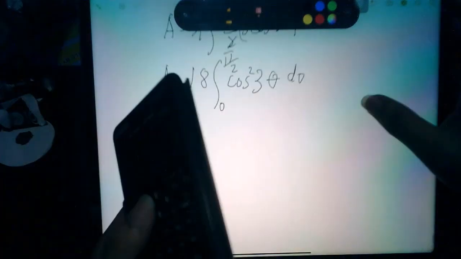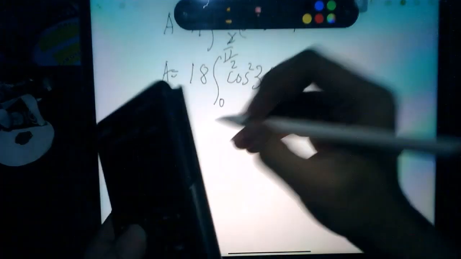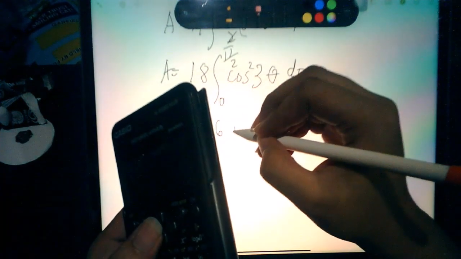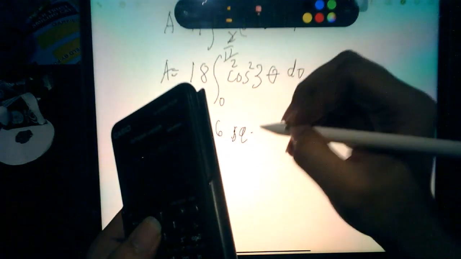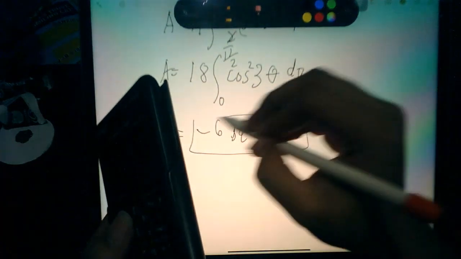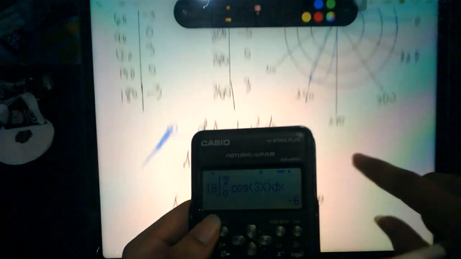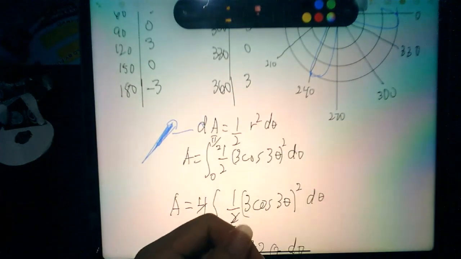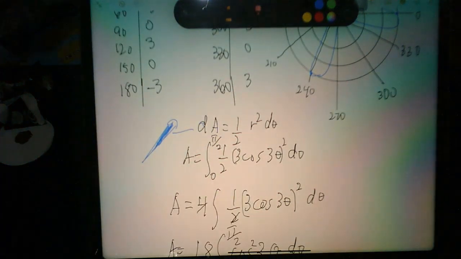So our answer here is negative 6 square units. So this is our answer for problem number 2. That's all, and see you on my next lecture in volume.